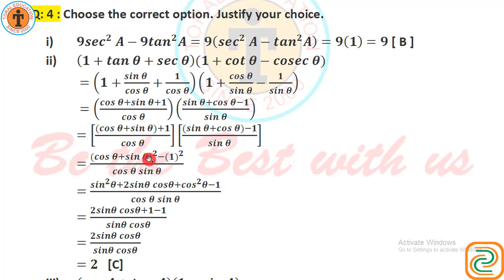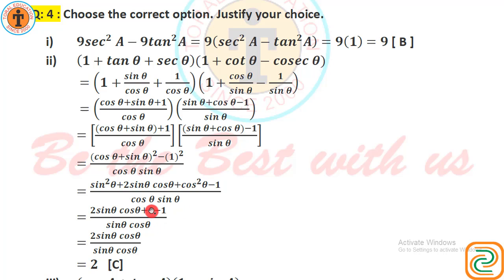So expand this one. Expansion of A plus B whole square is A square plus 2AB plus B square. Right? So sin square theta plus 2 into sin theta cos theta plus cos square theta. Is it right? And square of 1 is 1 upon cos theta into sin theta. So sin square theta plus cos square theta equals 1.